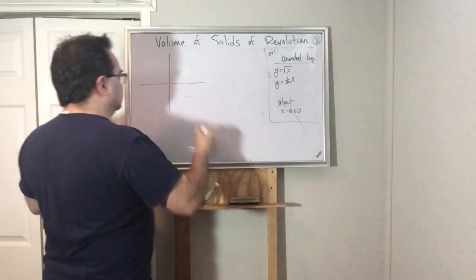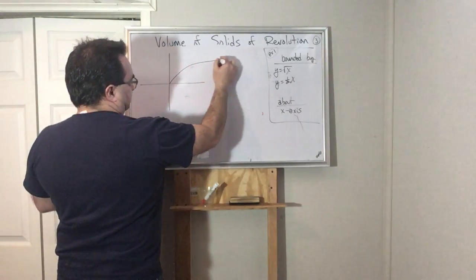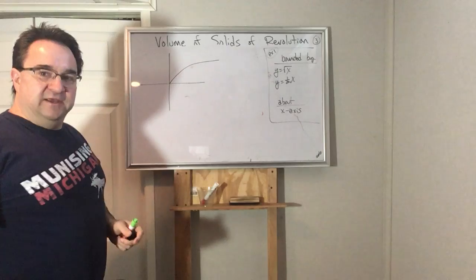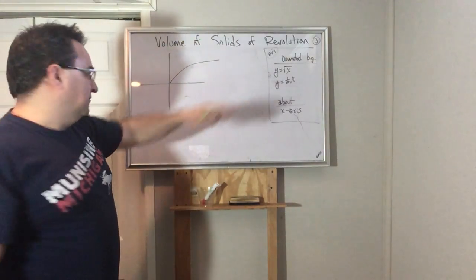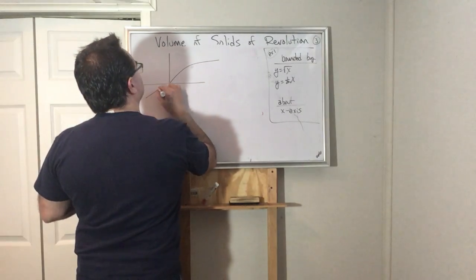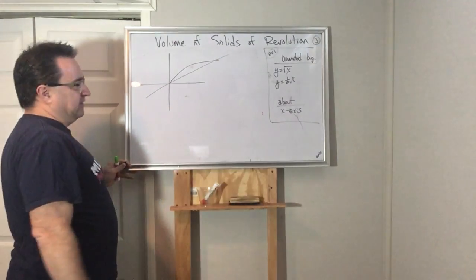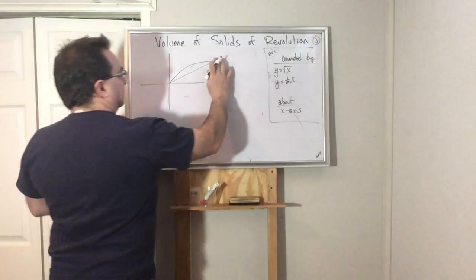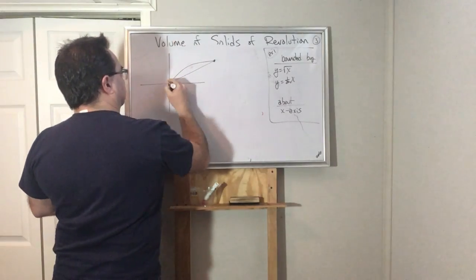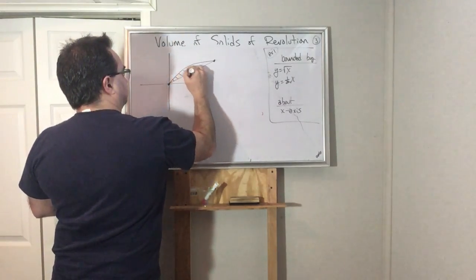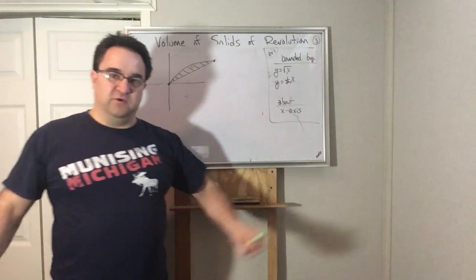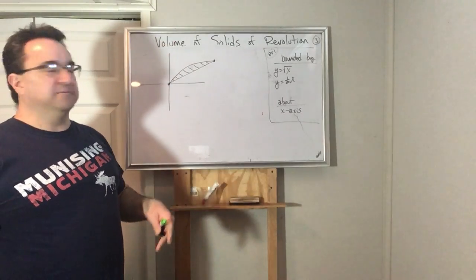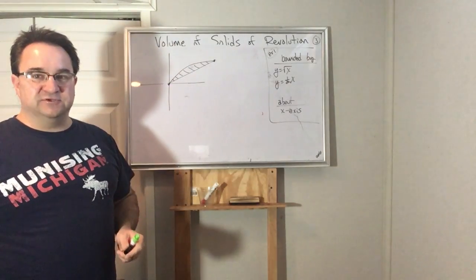So we have y equals the square root of x, looks something like that. And y equals 1/2 x has a y-intercept of 0 and a slope less than 1. So we're talking something like this. If I get rid of this part, do you see the region that's formed right there? I only needed two equations, because those two form a natural bounded region.